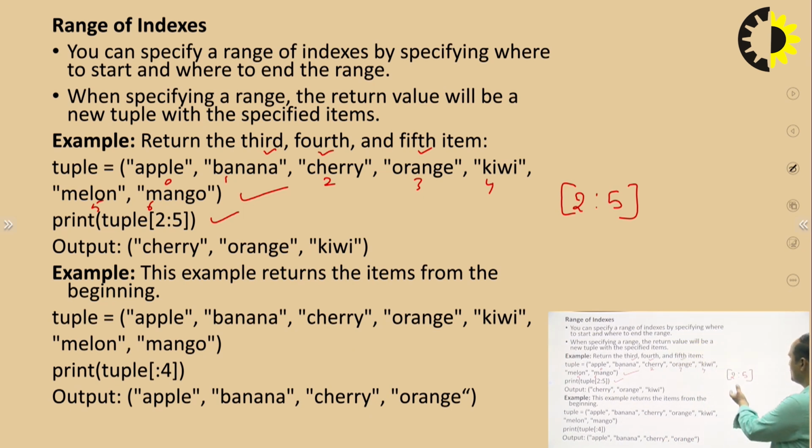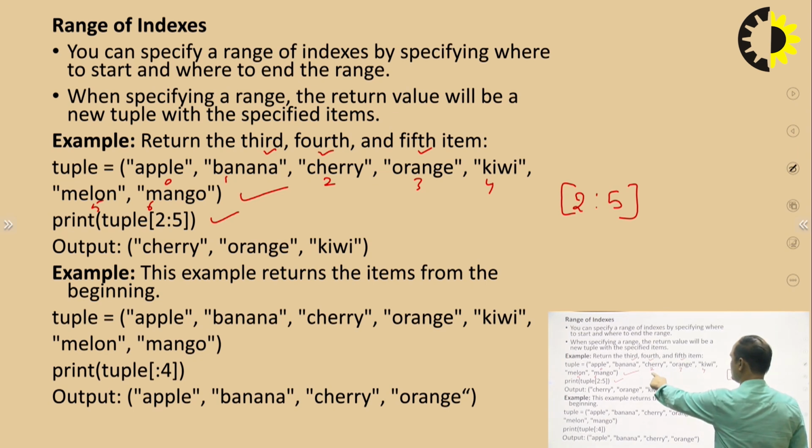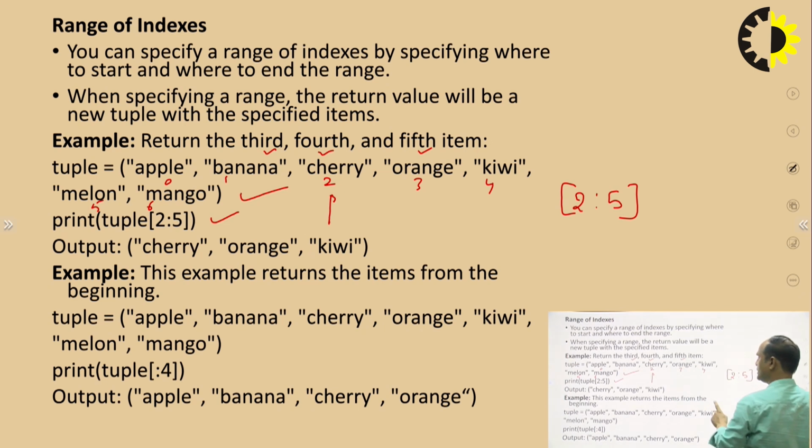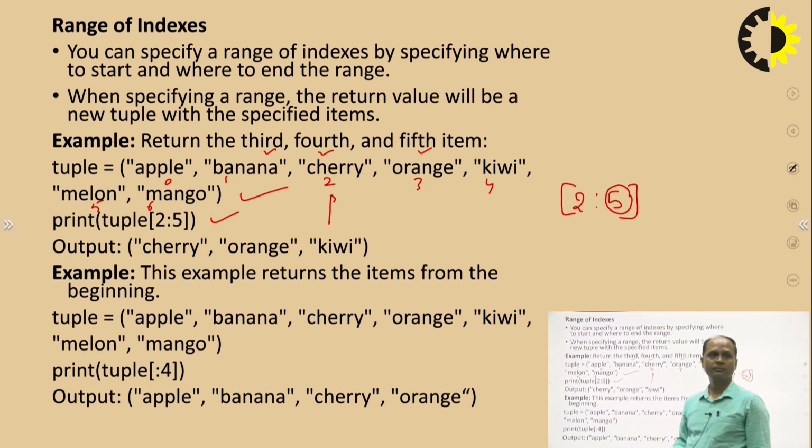So what will we pass in the tuple? I will pass 2 to 5. What is the output of 2 to 5? It will output cherry, then orange, then kiwi. Why do we not print the fifth index, melon?